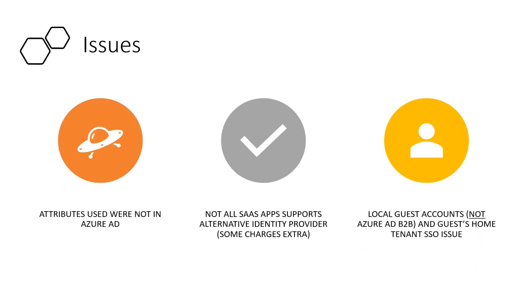But what happens if that user is also using Azure AD in his home tenant on his computer, another tenant? Then he will get automatically signed into his own tenant. When he tries to access the SaaS application and wants to sign in with the account that you have created for him, he will have a hard time signing out and using that because he will always get automatically signed in with his own account. So it's unintended single sign-on basically.